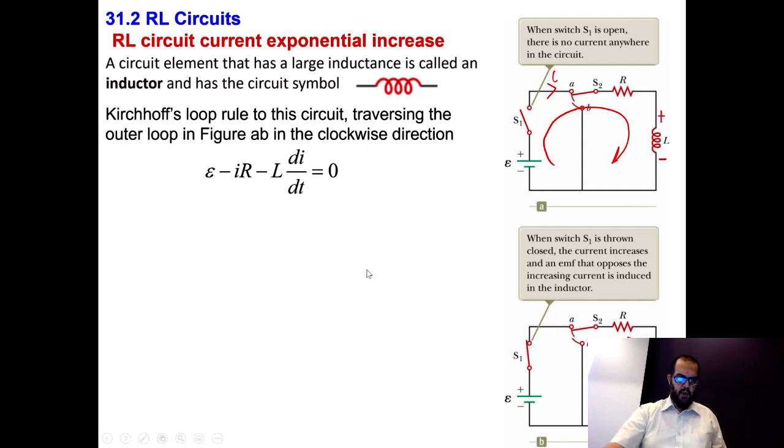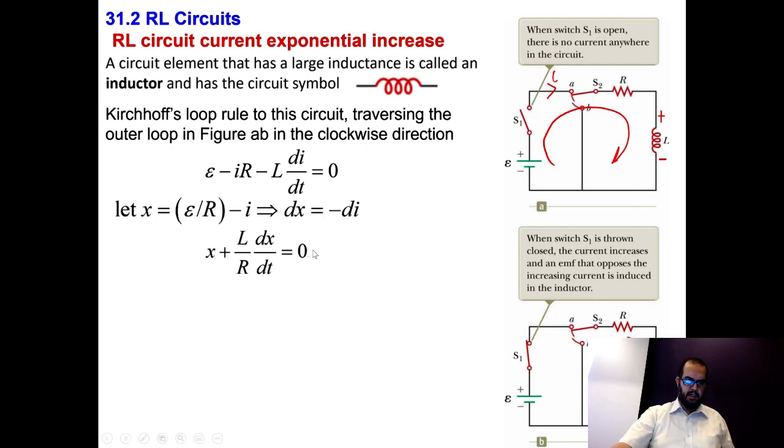We can solve this equation by playing a mathematical trick. We said we can let x equal the EMF divided by R minus the current, and hence the derivative of x is minus di. We can rewrite this equation in this form. This is a differential equation that we can solve.